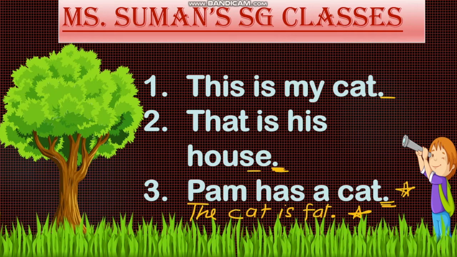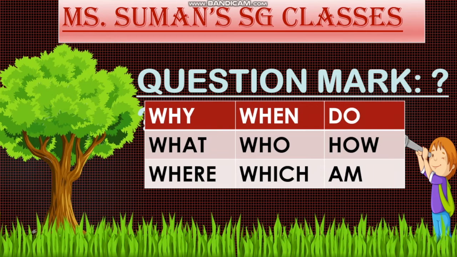Okay, so next thing we will talk about is question mark. Let's see what's a question mark. Question mark is this sign in particular. We apply a question mark at the end of the question. Sometimes children ask me, Miss Suman, how will we know if this is a question?